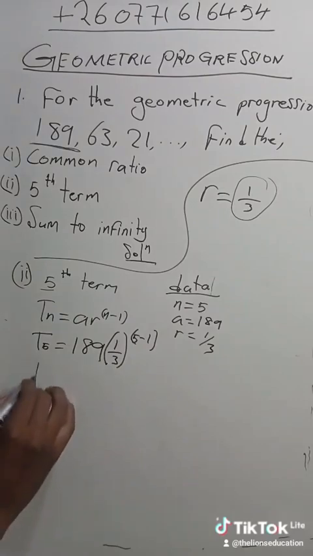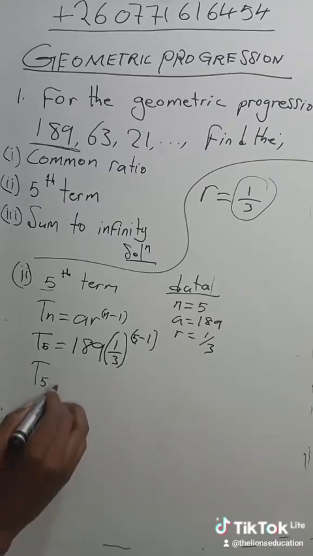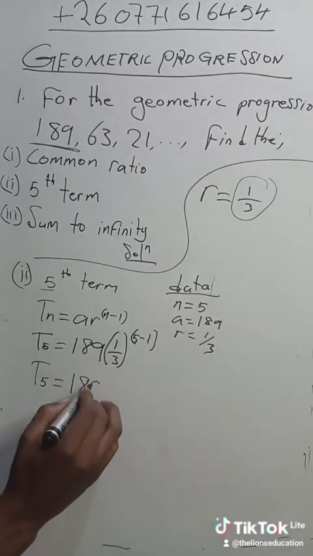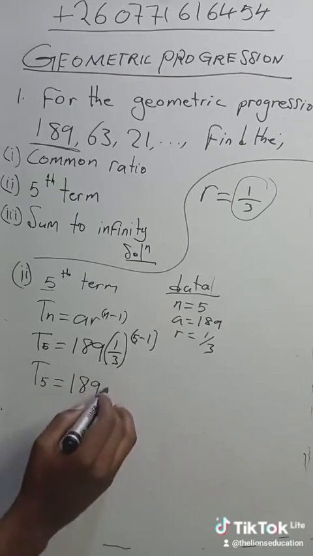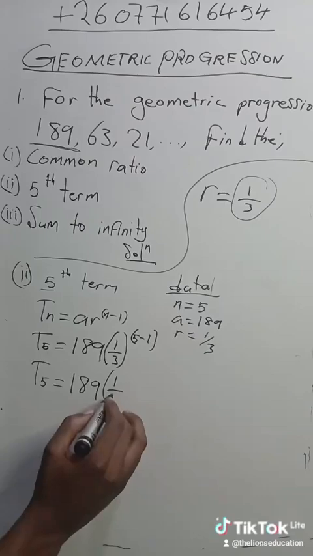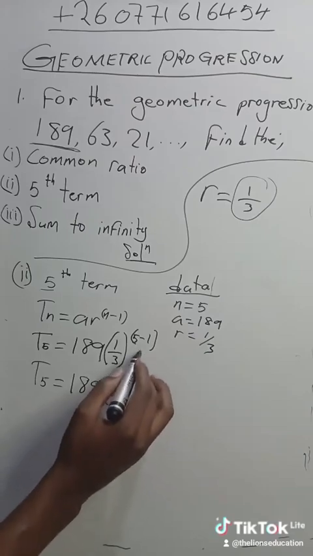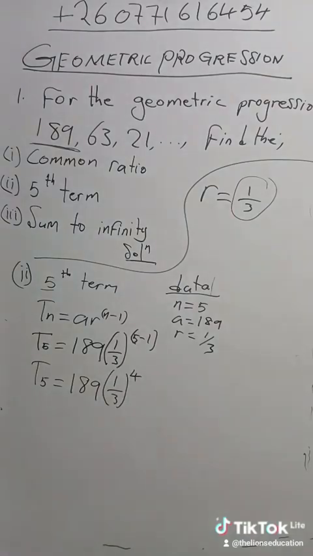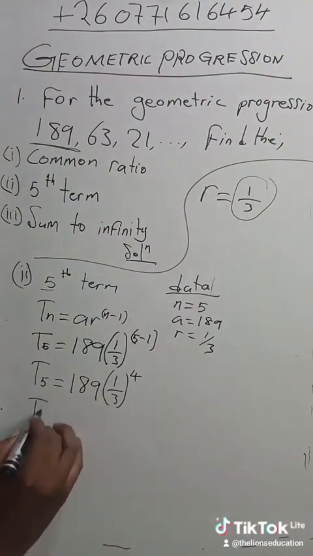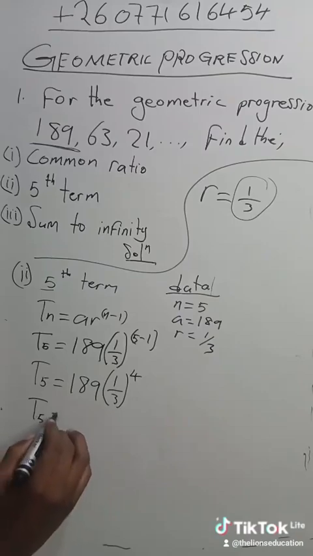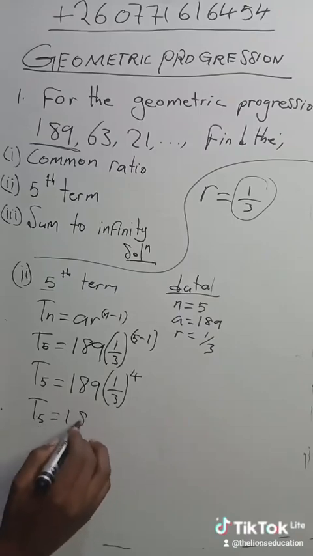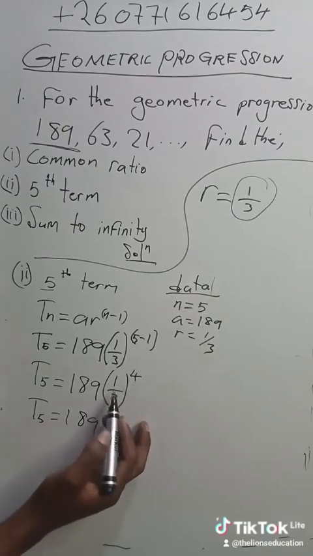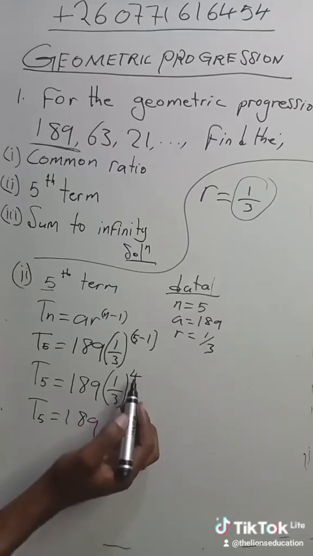Then T5 is equal to 189, maintain 1 over 3, and here you subtract to get 4. Then T5 is equal to 189, and this 4 is for everything inside the bracket, so we distribute this 4 here.